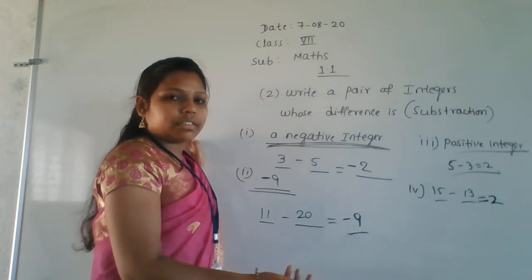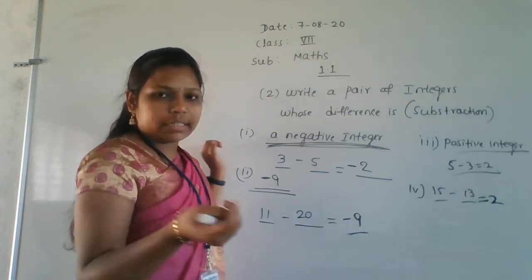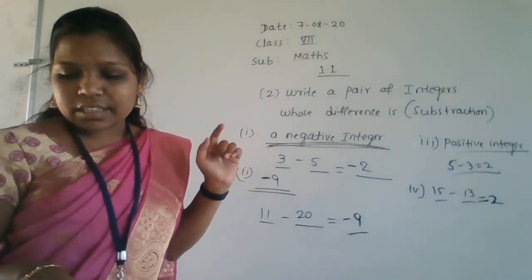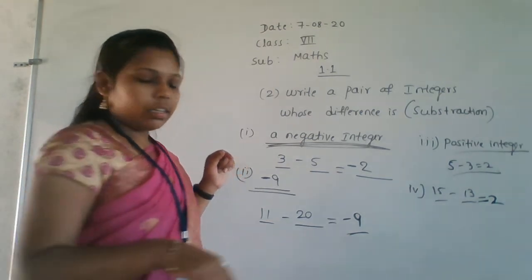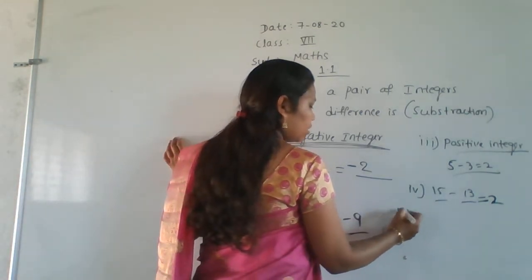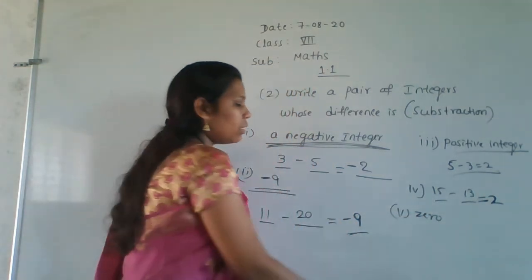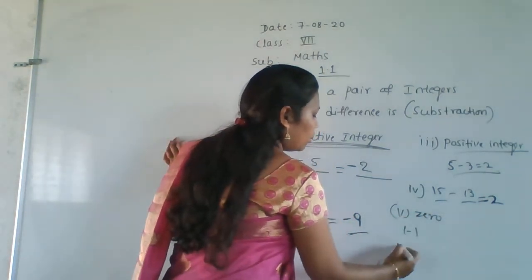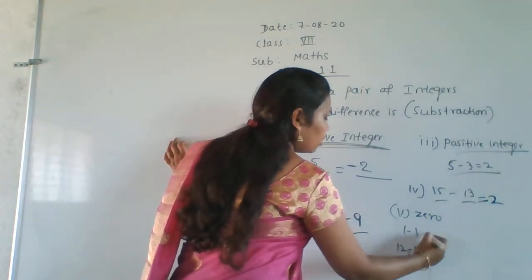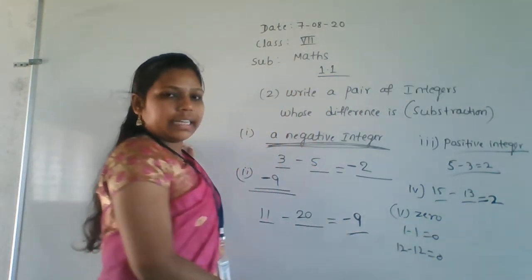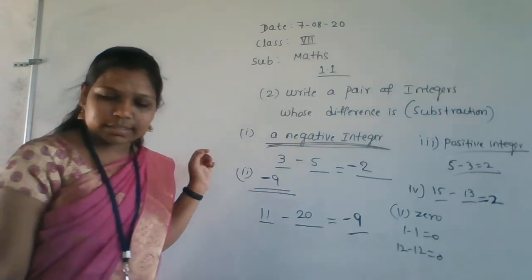Take any numbers, but the difference must be 2. That is the thing. Next one is a 0. Fifth one is a 0. They want 0 as the answer. That is nothing but 1 minus 1 and 12 minus 12. All are 0, right? Any number you can take.